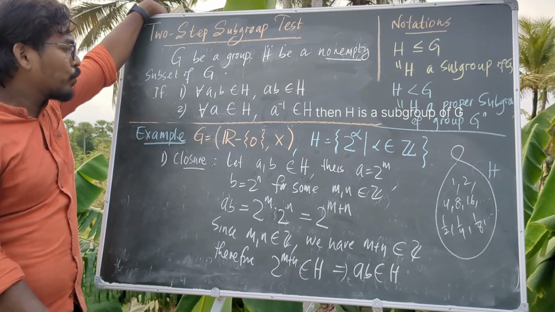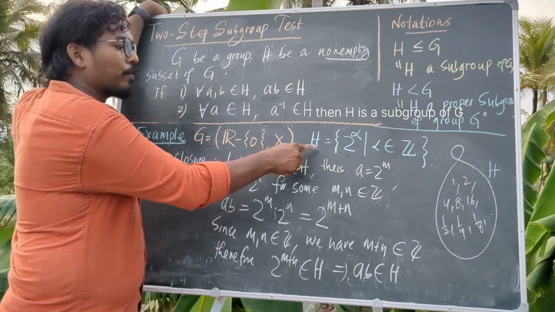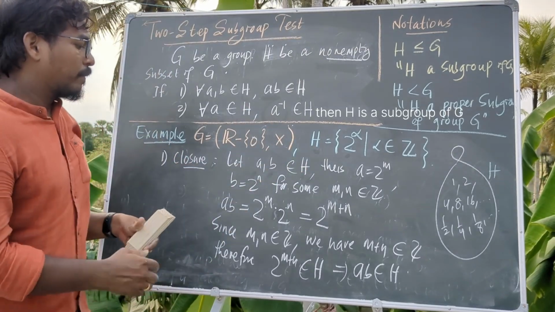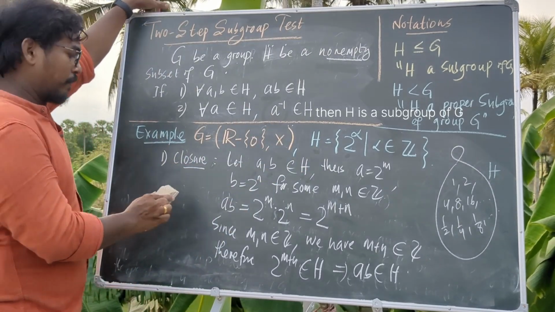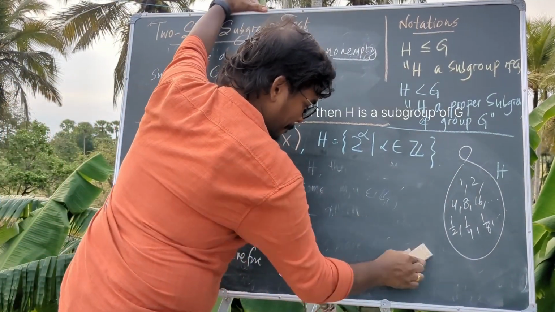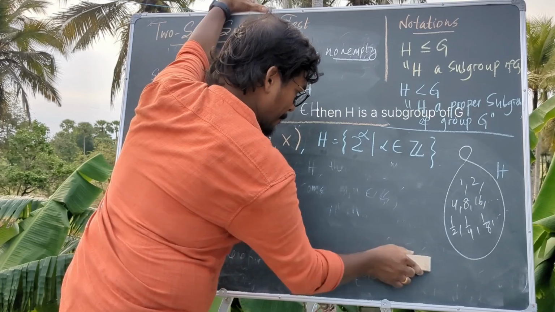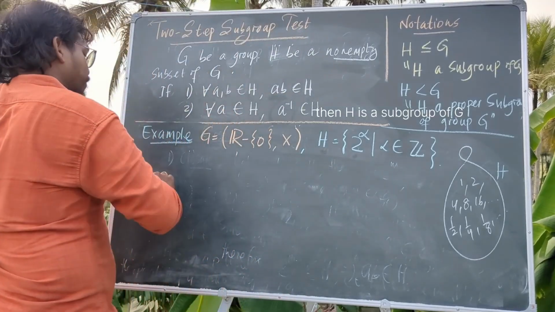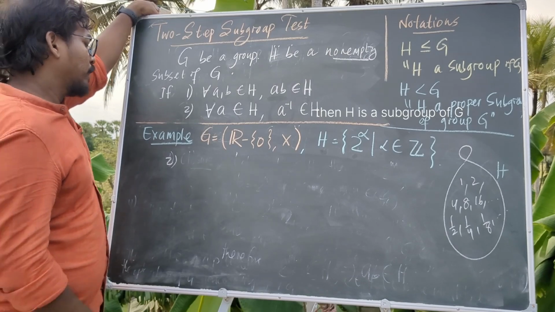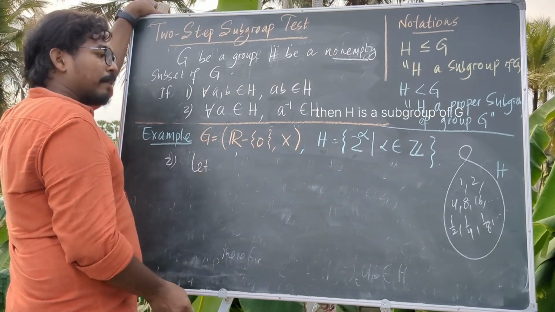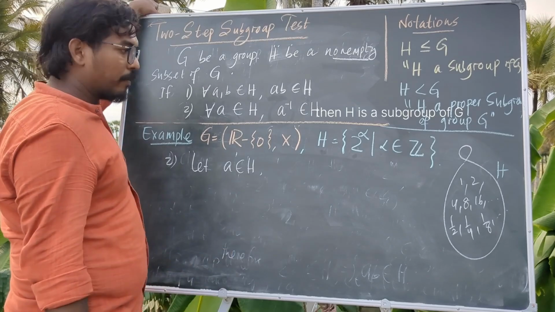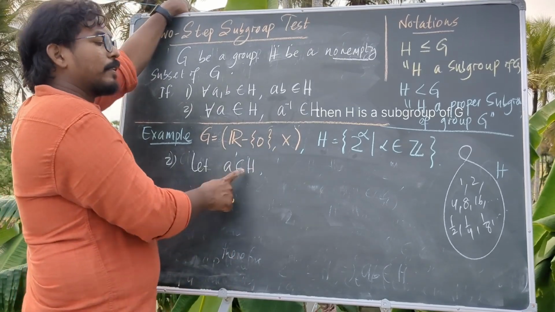Next we have to show for every element in the subset H, we have its inverse also in the subset H. Second one, let us take any arbitrary element in the subset H.